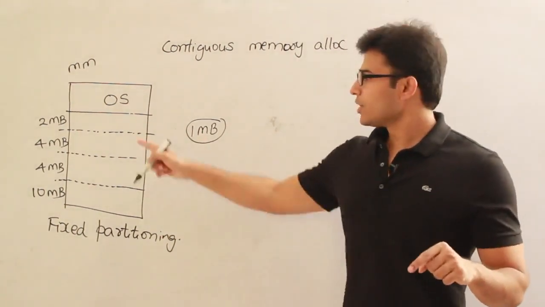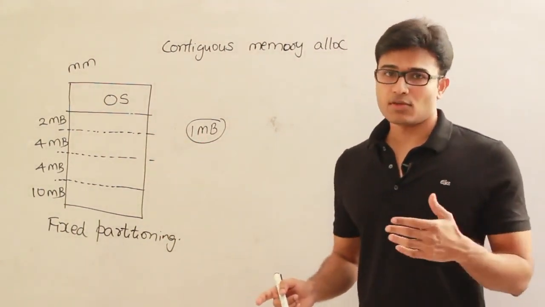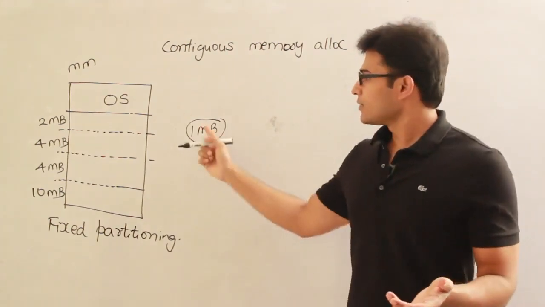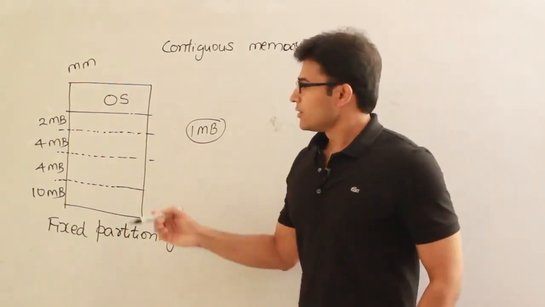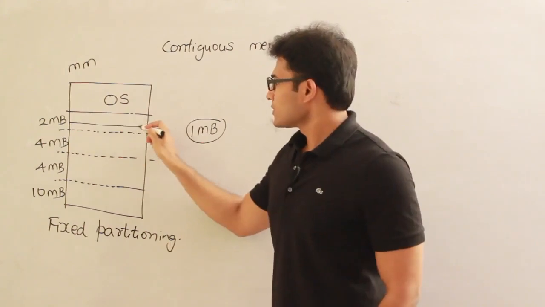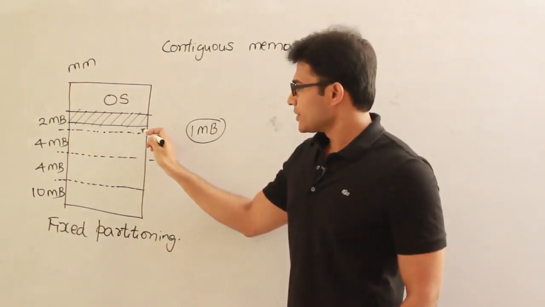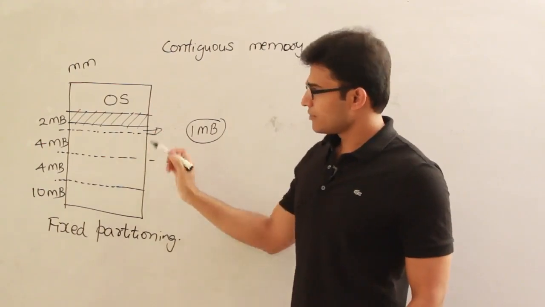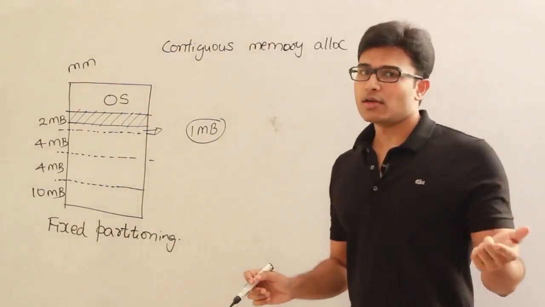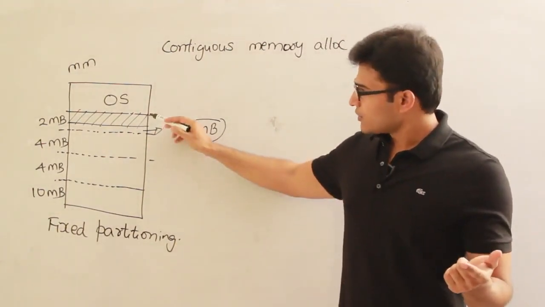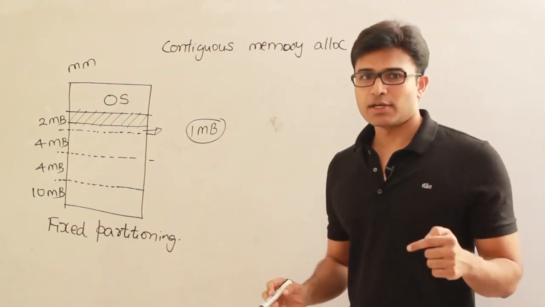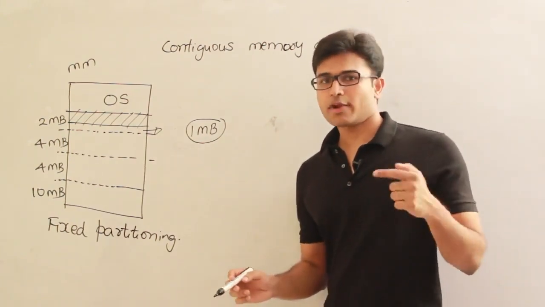If the 2 MB partition is free, then definitely you could assign 1 MB there. So the 1 MB process will be kept there completely and 1 MB will be wasted. This 1 MB cannot be allocated to any other process. This problem is called internal fragmentation.